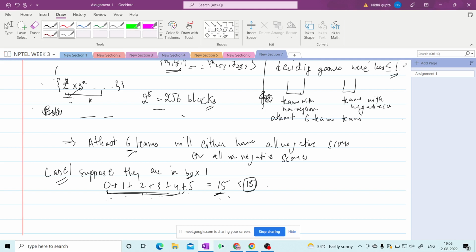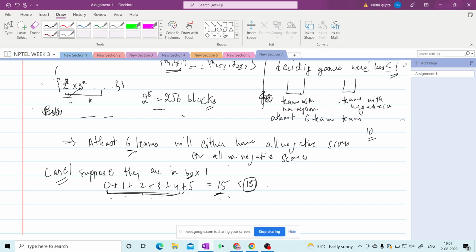Yeah, I'm trying to understand. Yes. So see, we used the pigeonhole principle for this. We have 10 teams, and we are listing out their scores. We want to show that at least 2 teams have the same score. So our first box is teams with non-negative scores, and the second box is teams with negative scores.